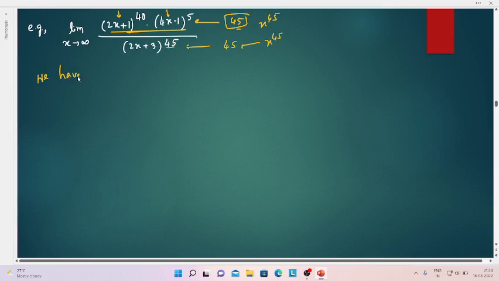the functions by x to the power 45, right?